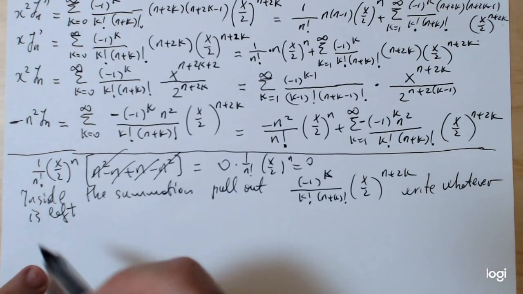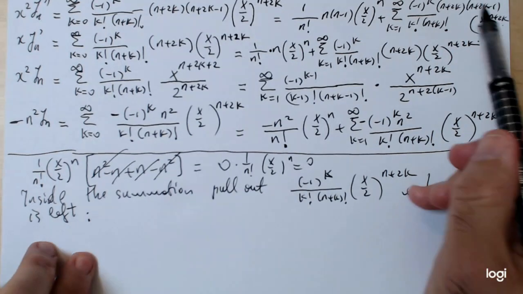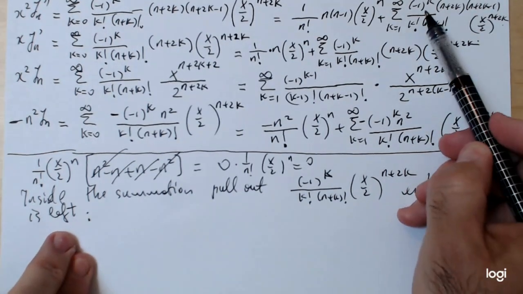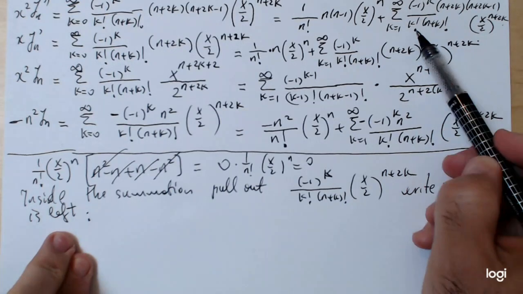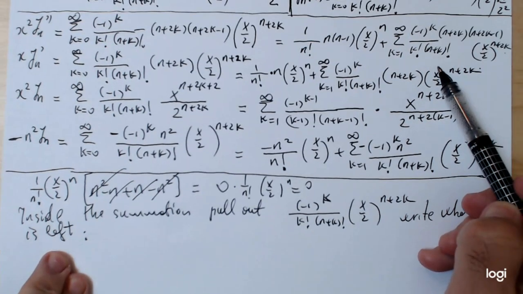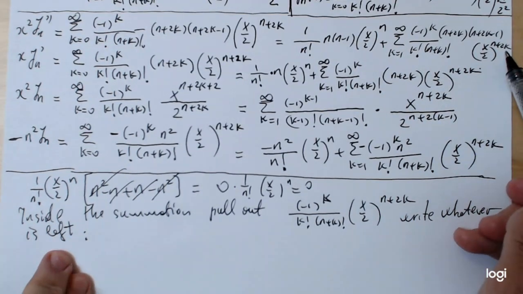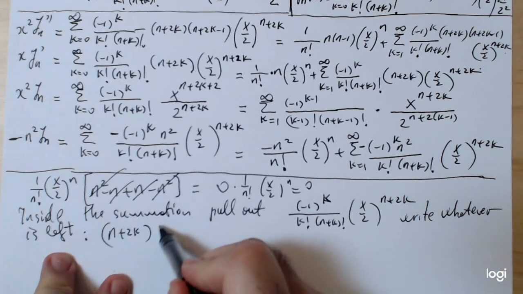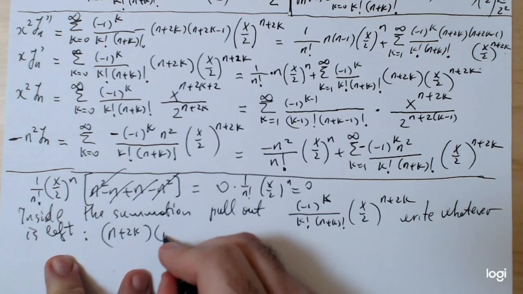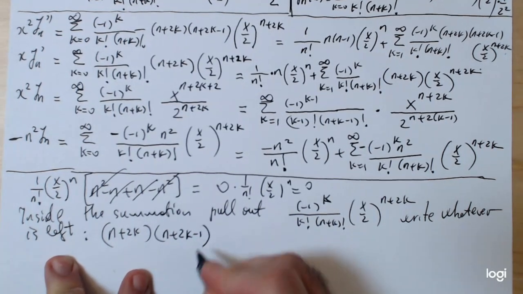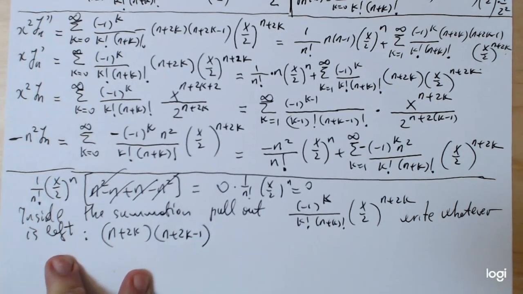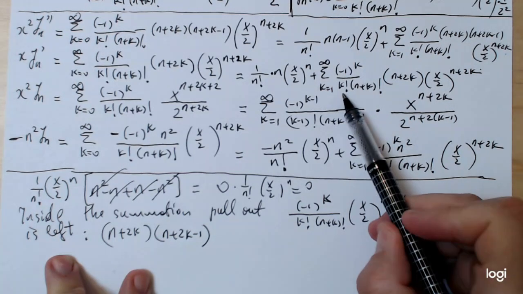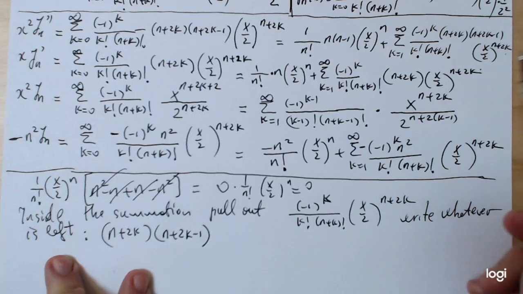Okay, so in the first part, once again, I'm going to pull out minus 1 to the k over k factorial, n plus k factorial, x over 2 to the n plus 2k. I'm left with n plus 2k times n plus 2k minus 1. On the second term, I am left with n plus 2k.